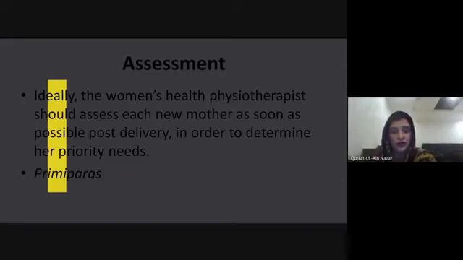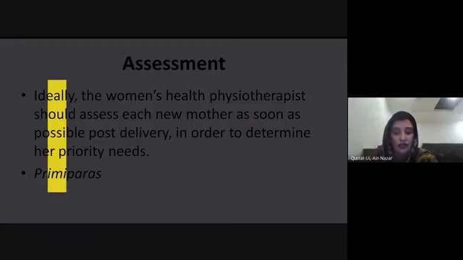period mother. Ideally, the women's health physiotherapist should assess each new mother as soon as possible after delivery, and in the antenatal period too. But in order to determine her priority needs, another health professional can be equipped with the skills to perform a risk assessment, and the client, if necessary, can be referred on to the physiotherapist for specialist assessment.